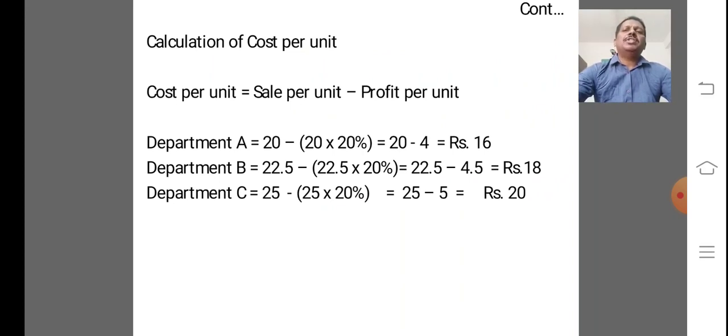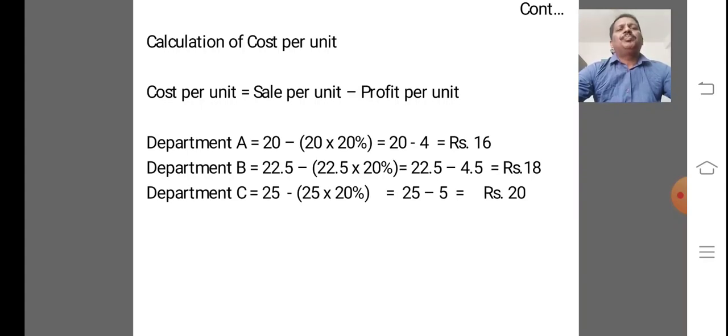And next we calculate the cost per unit. How to find out cost per unit? By using the following formula: cost per unit is equal to sale per unit minus profit per unit. In Department A rupees 20, in Department B 22.5, in Department C 25.